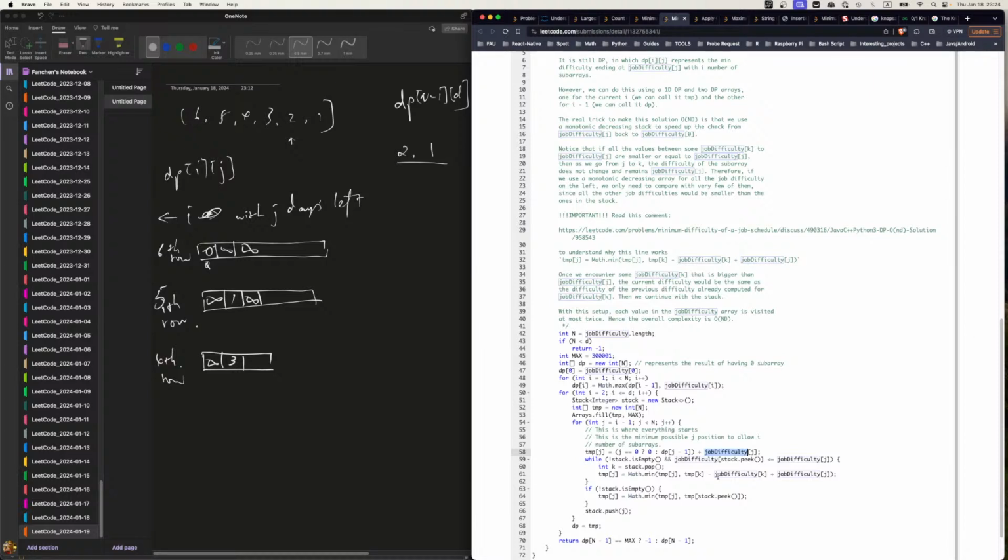Okay, at the end, if stack is empty, that means the current job difficulty is the highest job difficulty, which means there's nothing.